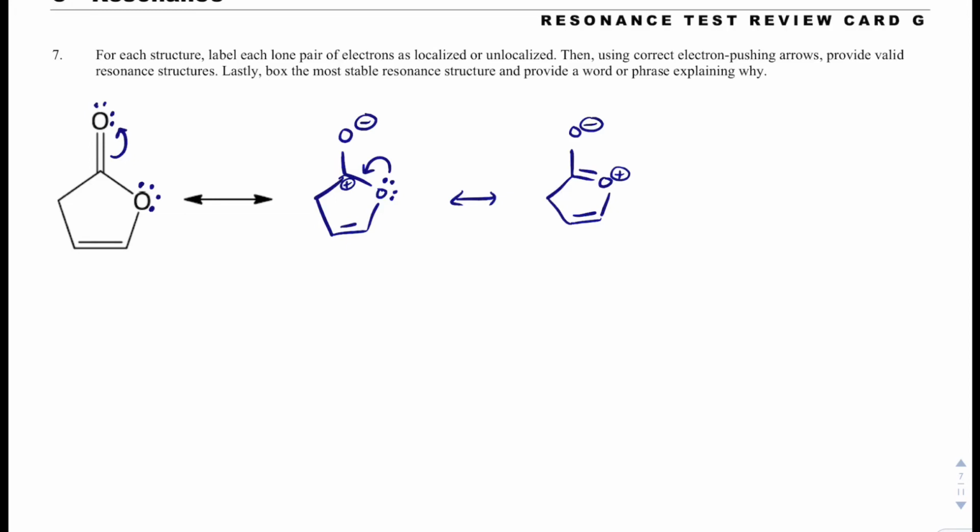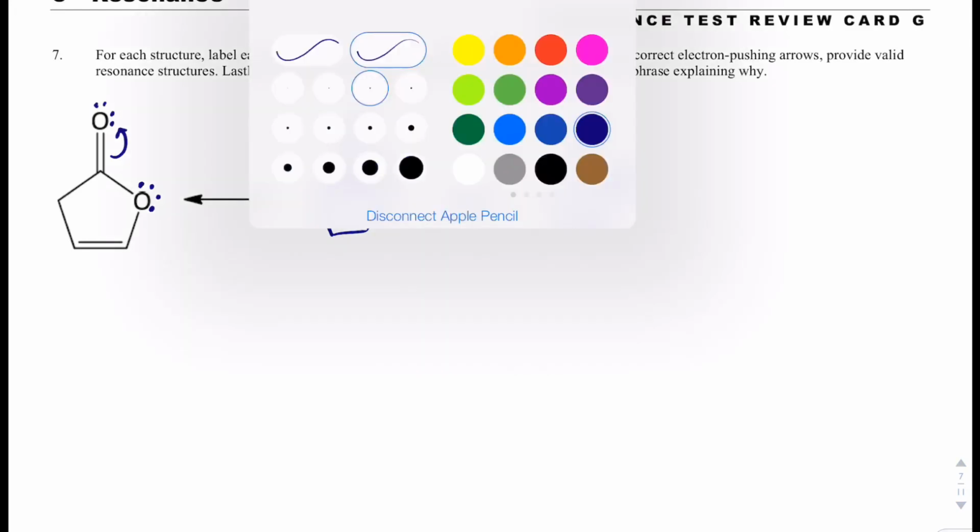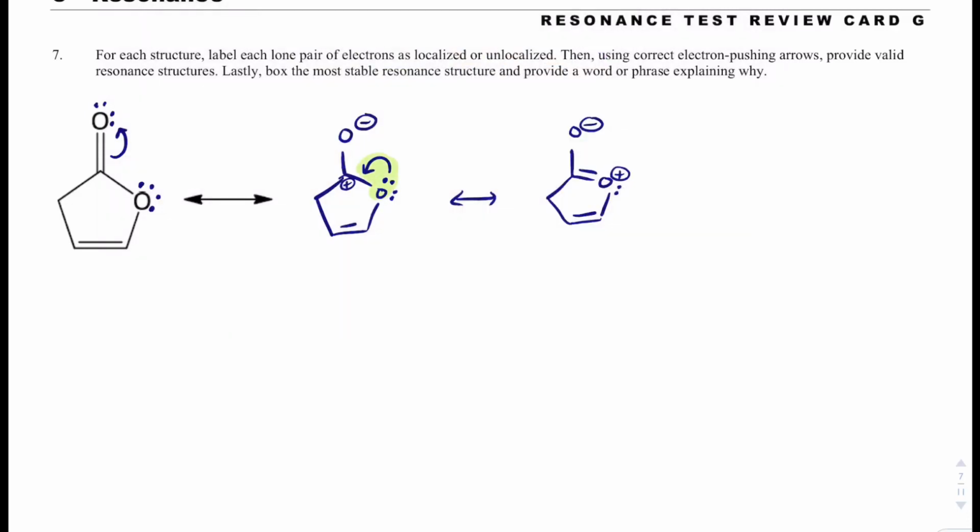And here's what's kind of hard for people to understand, and I get it: we get used to not drawing all the lone pairs of electrons, and that's fine. We would draw them if we needed them. For example, here we're showing the movement of electrons, so we better draw those. But take this picture, and I'm going to copy it.